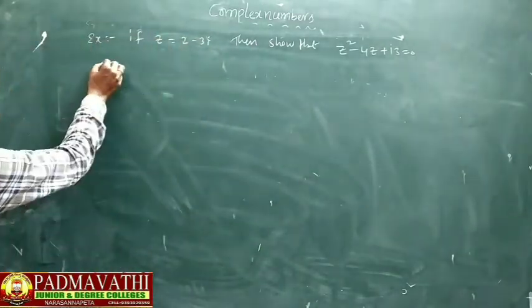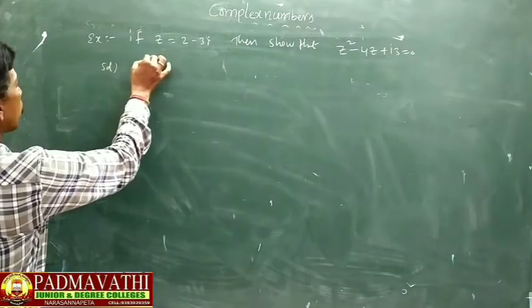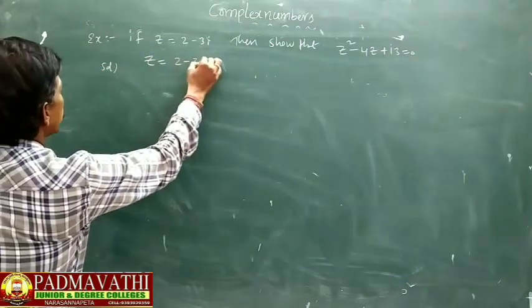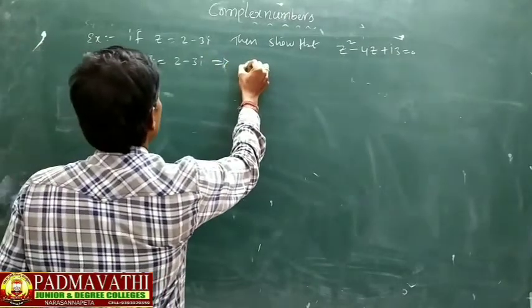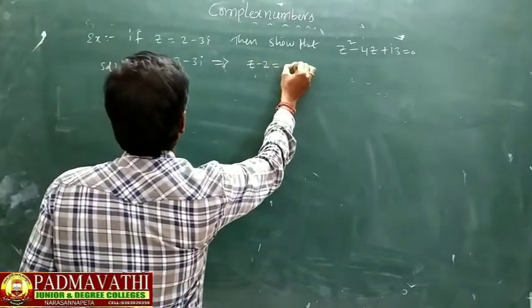Solution. It is given that z equals 2 minus 3i, implies z minus 2 equals minus 3i.